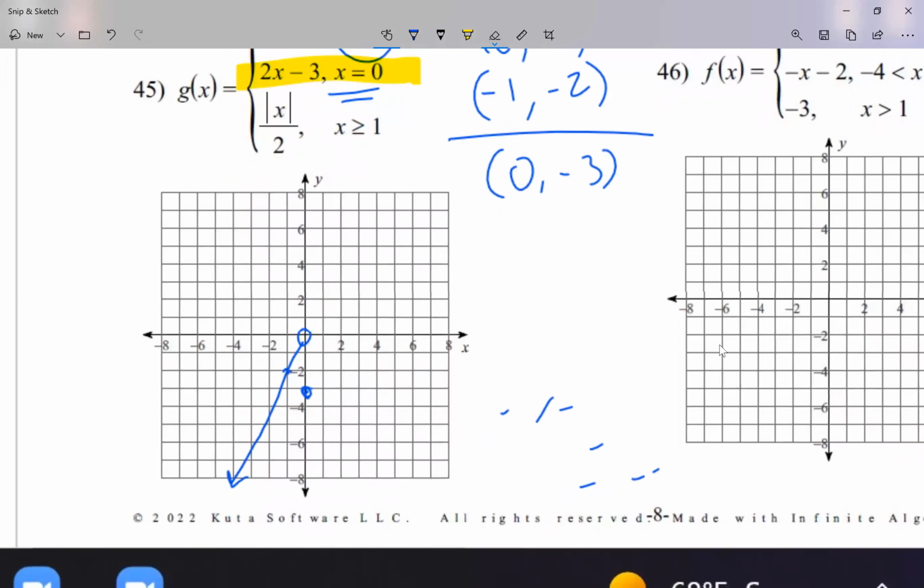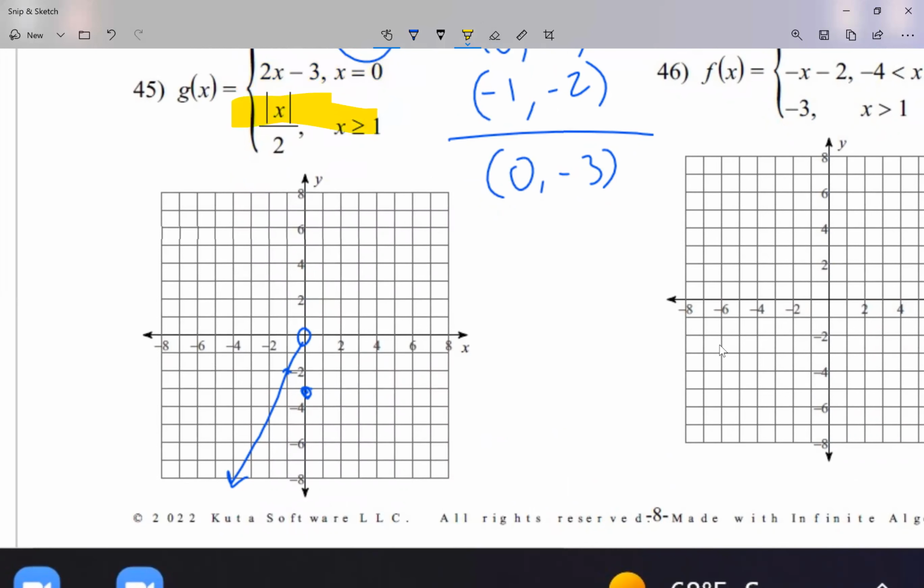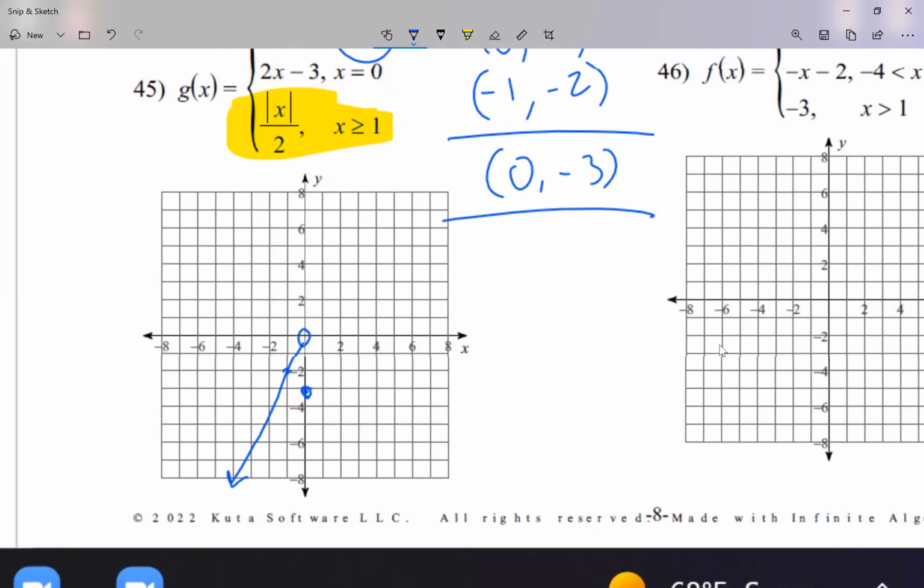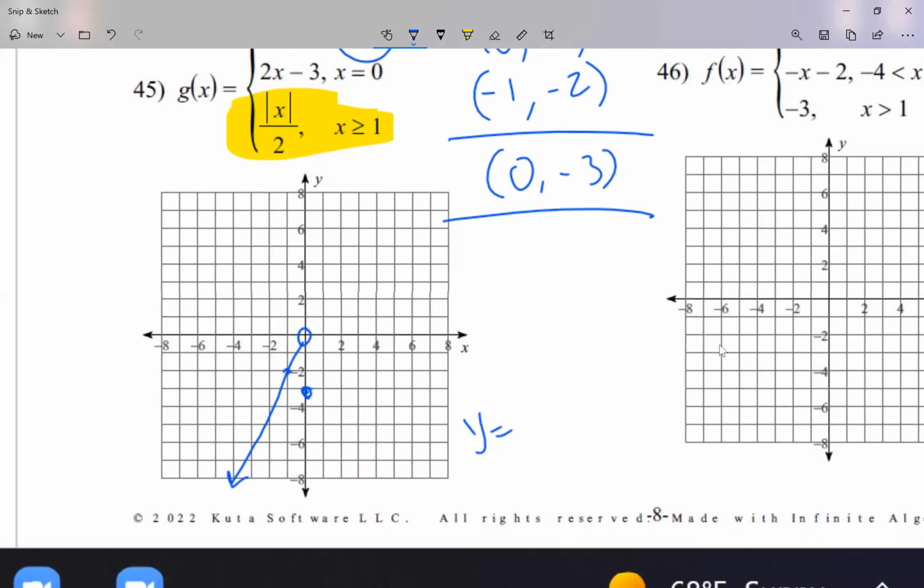Let me erase this right here. Now my last equation, I see that as y equals 1/2 absolute value of x. Notice how the fraction, the 2, I brought it to the front as a half.